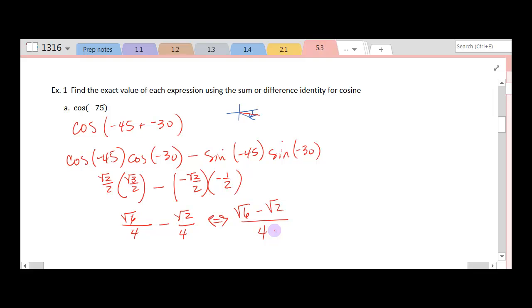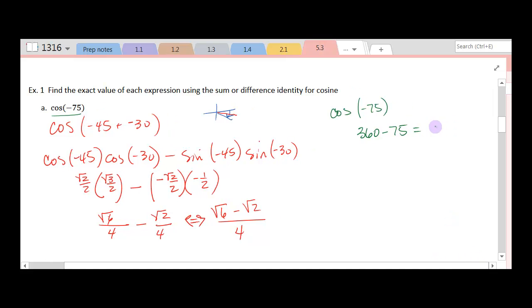Most of the time when we use the sum and difference identities, we get strange looking solutions like this. Now, one other thing I want to point out. What if I came up with another way to get the cosine of negative 75? I could also have used 360 minus 75, which would give me 285.